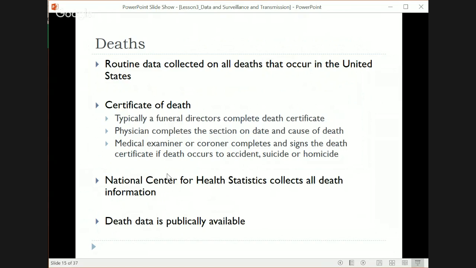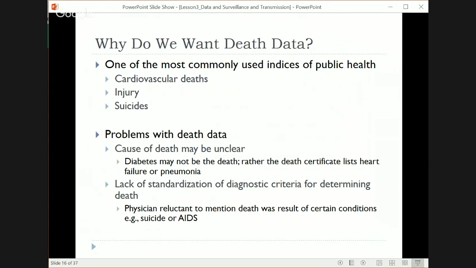But really the question you should be thinking about, in terms of your projects too, is: do you want death data, and why would you want it? We use it because it's one of the most common indices of public health. Think about tracking trends in cardiovascular deaths, injury deaths, suicides.